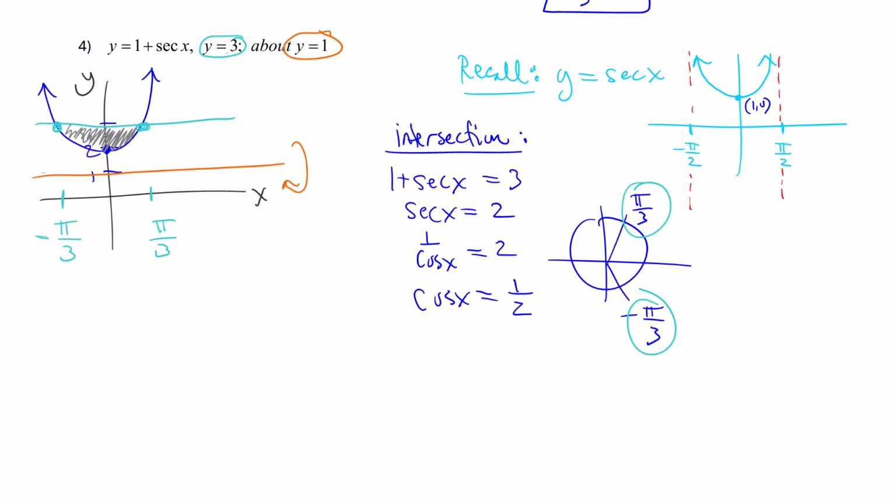If you imagine that thing rotating about the line y equals 1, think about this, how far above y equals 1 is that point? Well, it's 2 units above it, right? So if you're rotating around the line y equals 1, you're going to go 2 units on the other side of it, which means you're going to be down at negative 1.